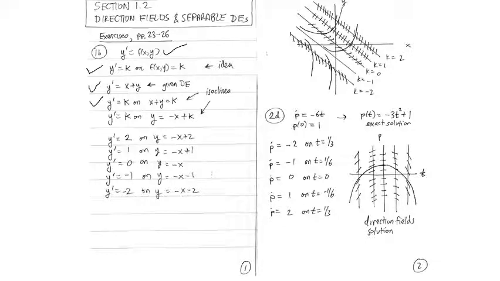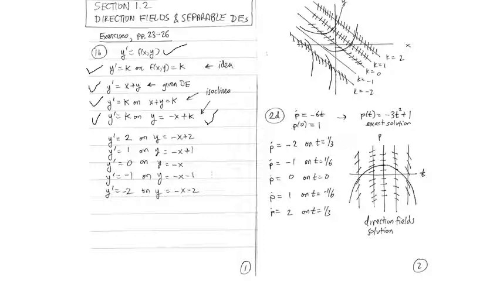Solving the isocline for y, just for the convenience of plotting, we have the slope of the solution y prime has a constant value k on each of the curves y equals minus x plus k. So in this problem, our isoclines are lines with slope -1 and variable y-intercept.